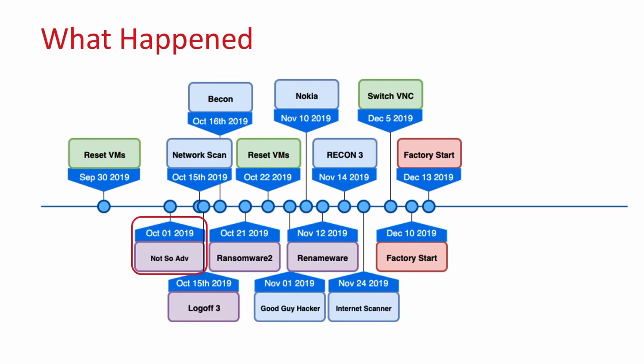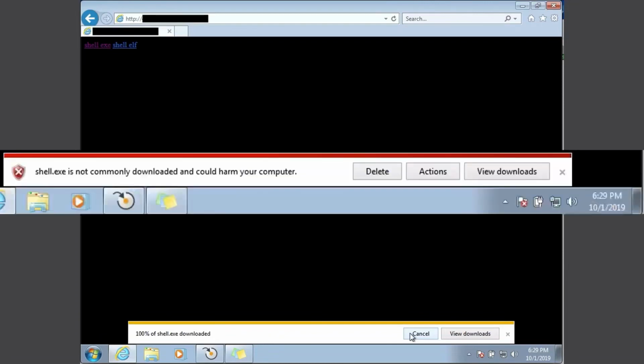The next attack we had was what we called the not-so-advanced attack. It was funny to watch. The person downloaded an installer called shell.exe, and they got a warning from Windows saying that it could harm your computer if you open it.